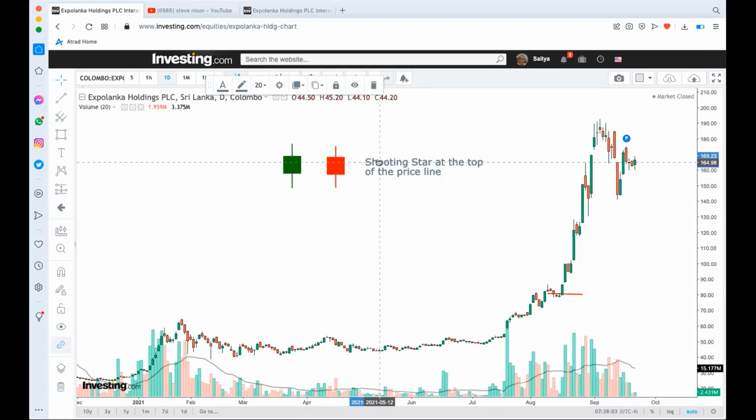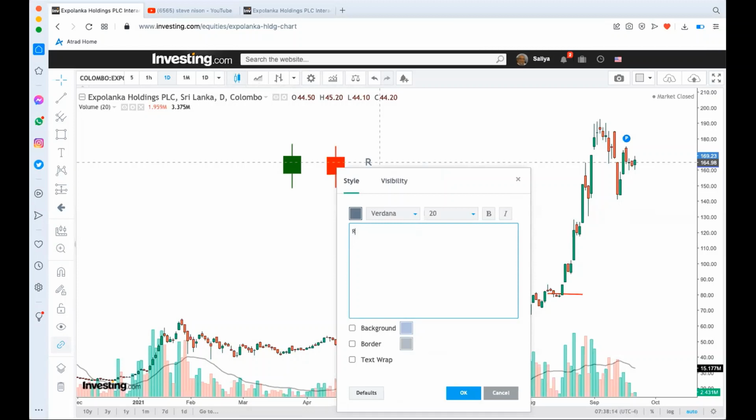Whether it's green or red, a spinning top is a spinning top, right? Red or green. This is called a spinning top.